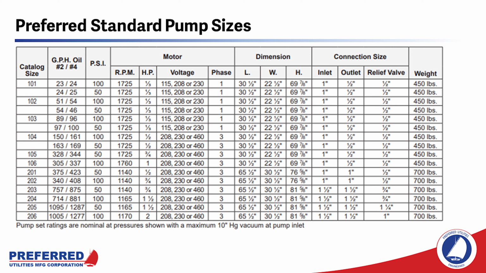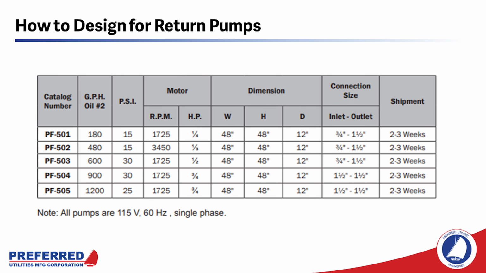Or what you can do sometimes, especially if it's an underground tank and you don't need a lot of pressure, is you can use the pumps that are in our filtration sets. They are high flow, low head. So you can go up to 1,200 gallons per hour at 25 psi discharge pressure, and these are higher flows.